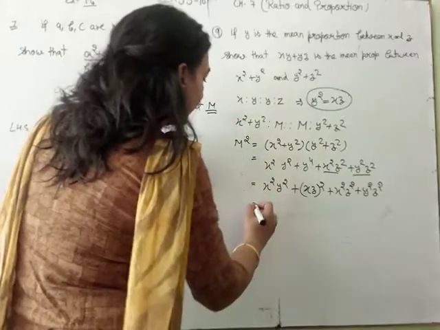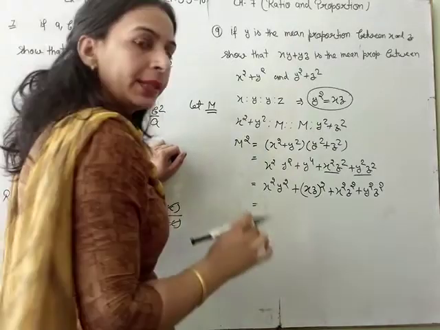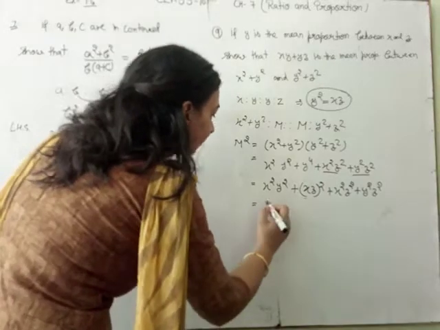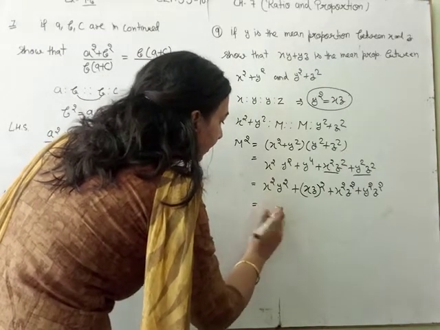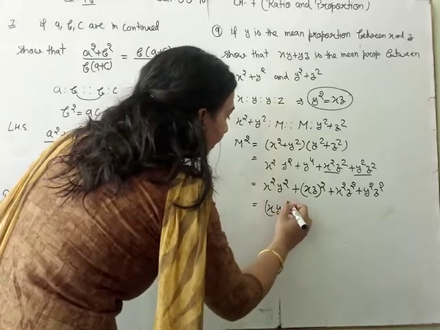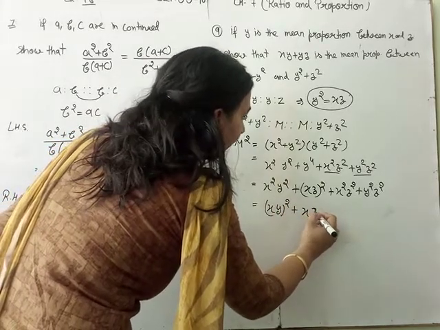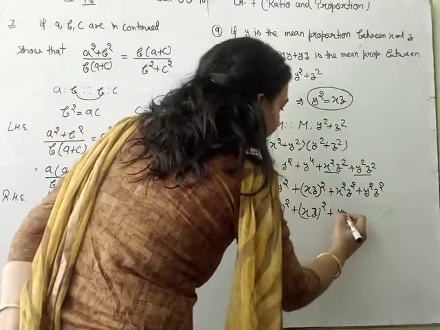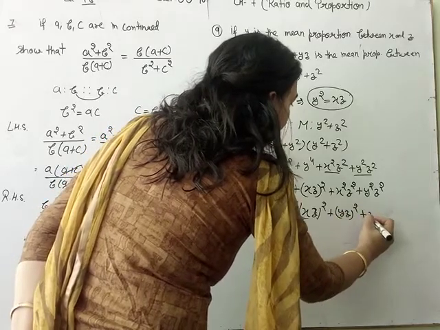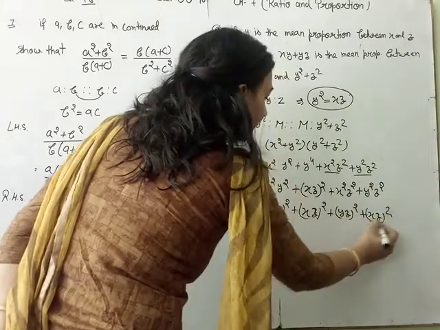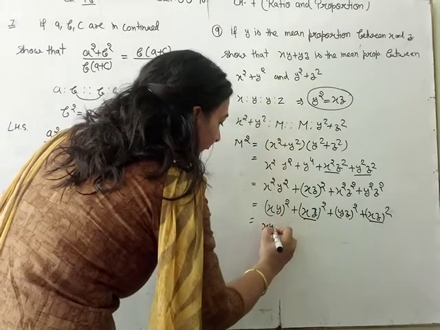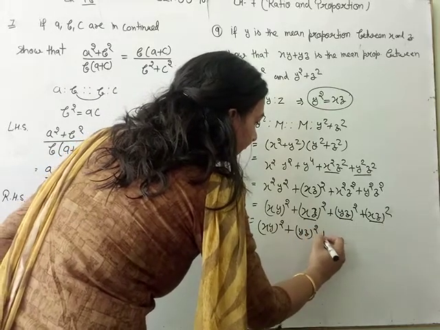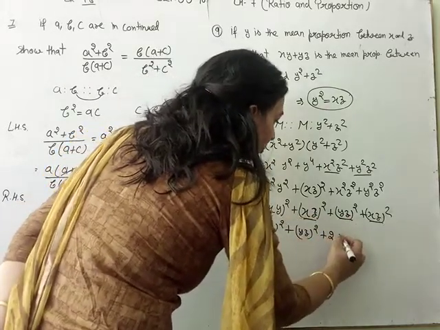Then this equals, we find complete (xy plus yz) whole square, that is (xy) square, (xz) square, and according to this (yz) square and (xz) square. These both are the same as it is, and this also the same, and this equals 2 times (xz) square.